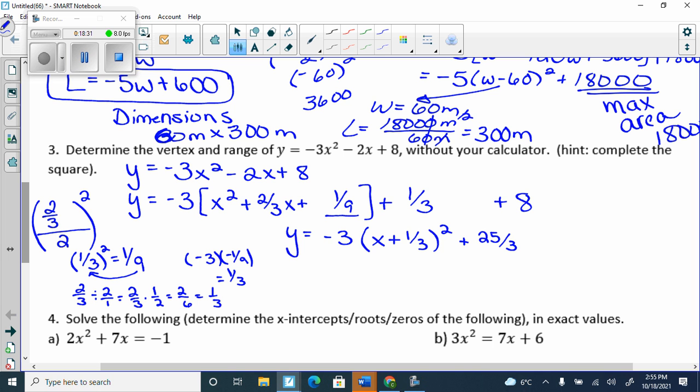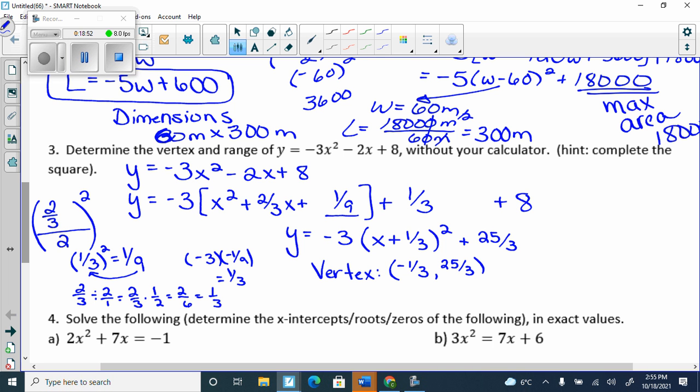What's your vertex? Opposite of this, negative 1/3, same as that, 25 over 3. It's really pretty. What's my range? This graph is concave down.